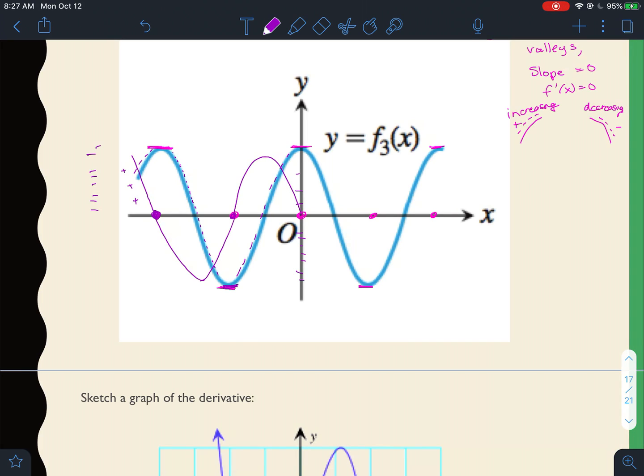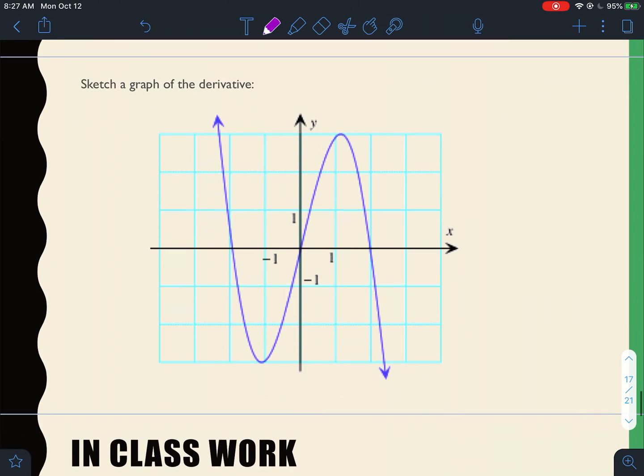So since they're positive, they're going to have positive y values, so they'll exist above the y-axis. And then after that, all of the slopes have negative values, so they'd exist below the y-axis, but I know that it's going to have to pass through this point. And then again, they have positive values, so they'll exist above the y-axis, and so on and so forth. So that would be the picture of the derivative of the blue graph, that purple graph. So that would be the graph of the derivative of the original function.